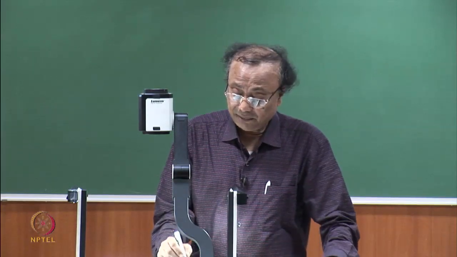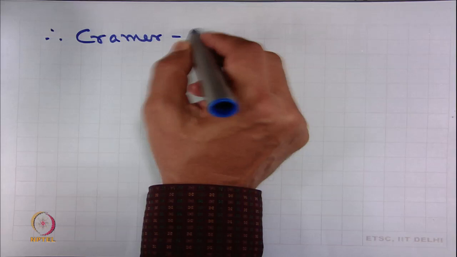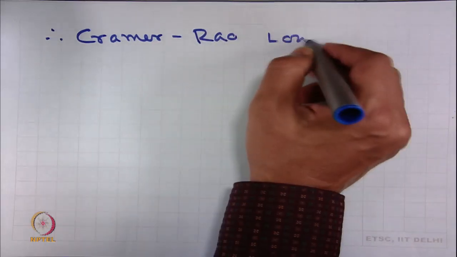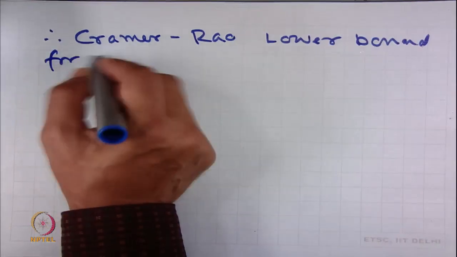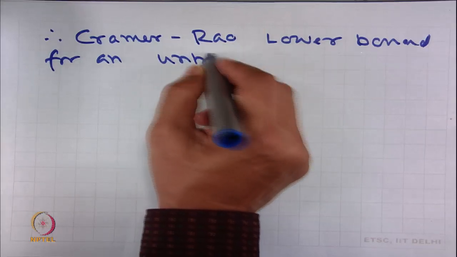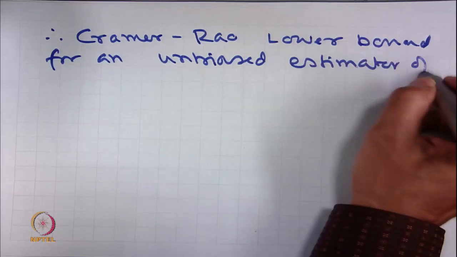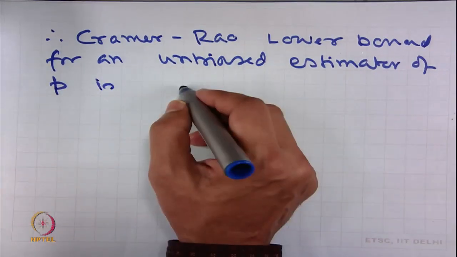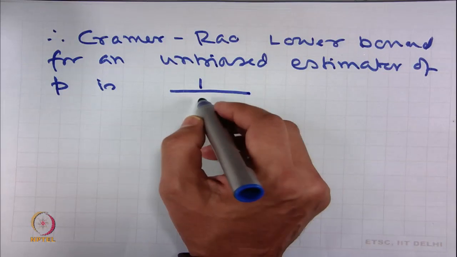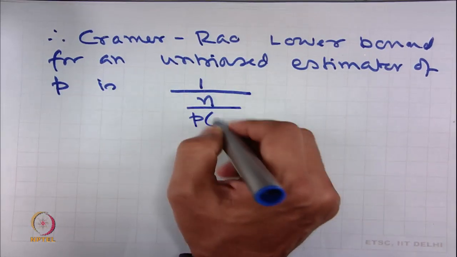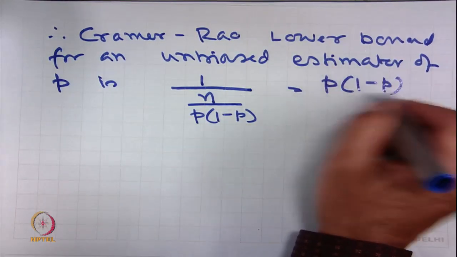Therefore, by Cramer-Rao inequality or Cramer-Rao lower bound for an unbiased estimator of p is 1 upon n into p into 1 minus p, which is equal to p into 1 minus p upon n.